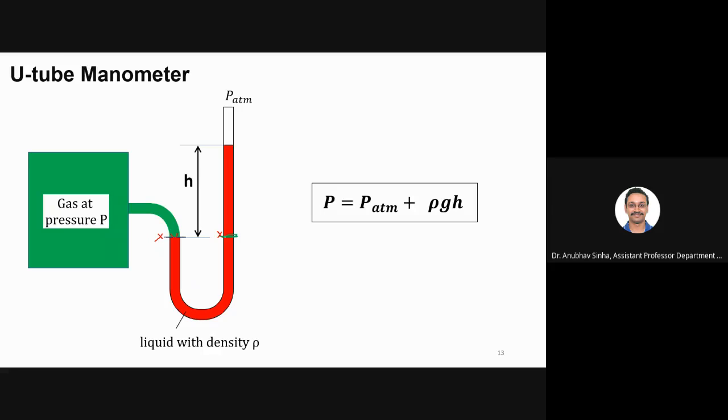Pressure should be the same, otherwise this column will be displaced. So I can calculate pressure here also. Pressure here is P atmosphere plus the liquid column height, rho GH.